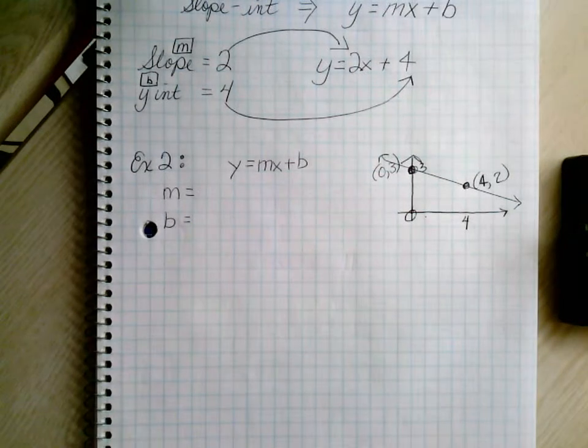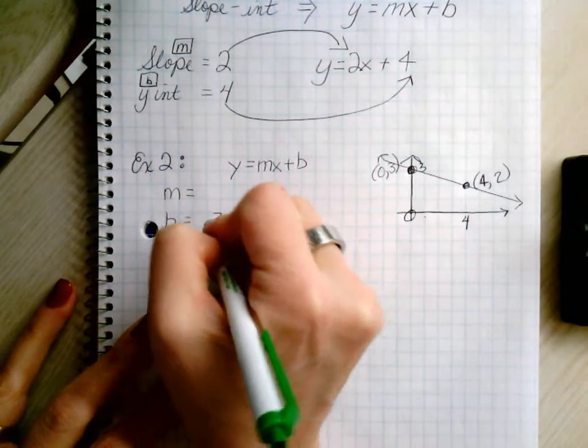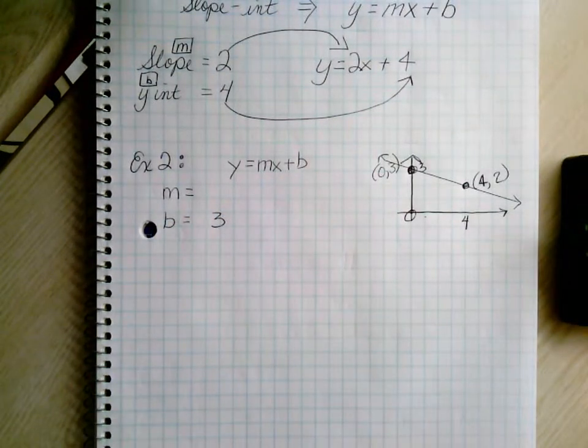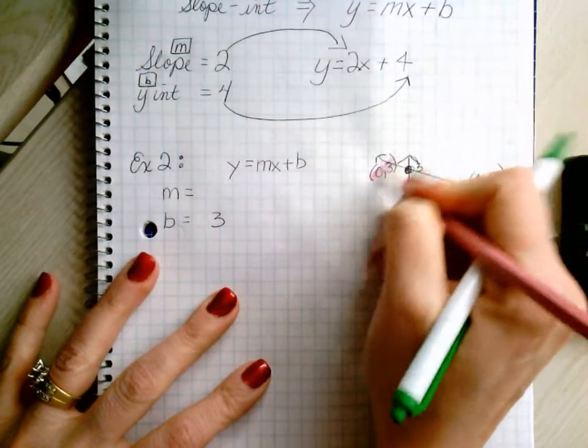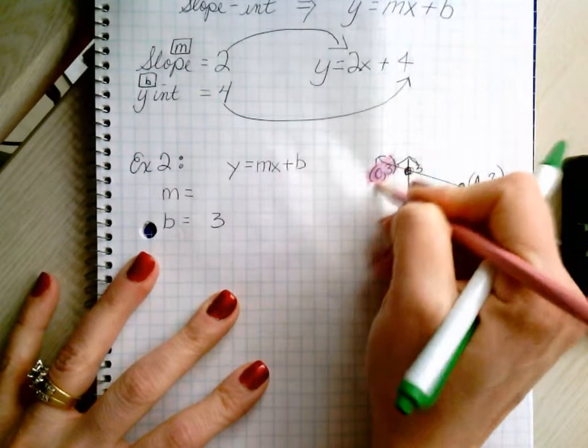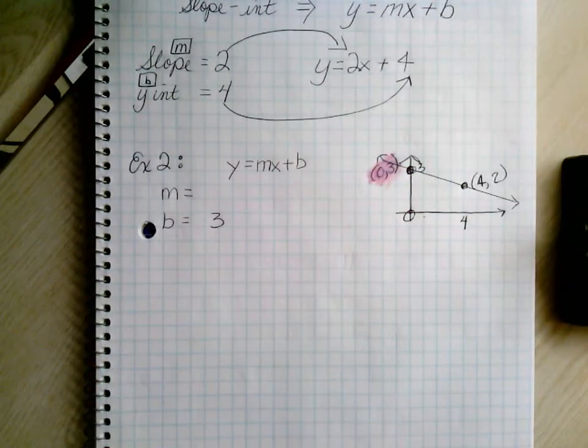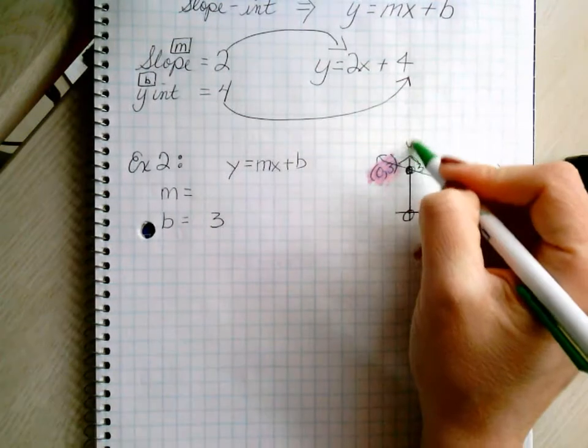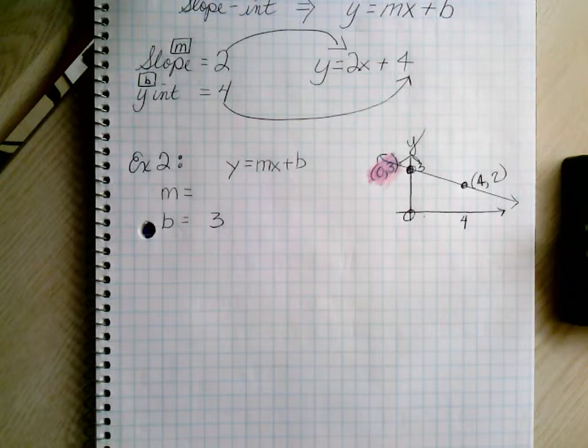Can you see it? What is my y-intercept, Ethan? He says it's 3, and he's right. The y-intercept of (0, 3) is written right there for you. Therefore, the line crosses the y-axis at 3.